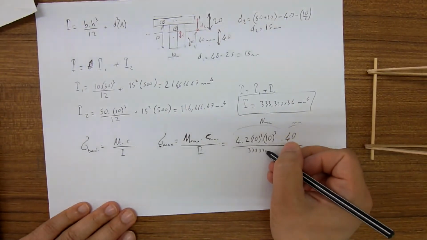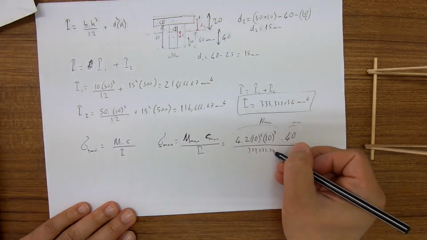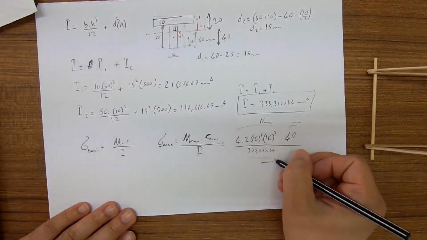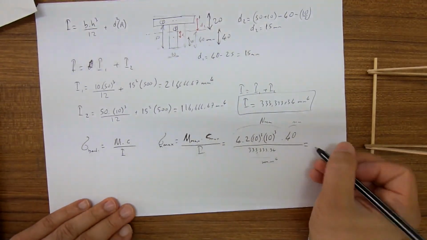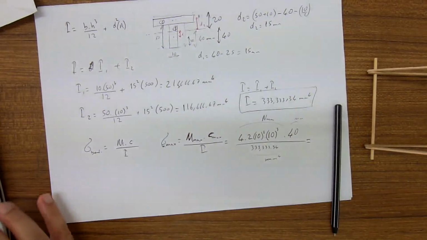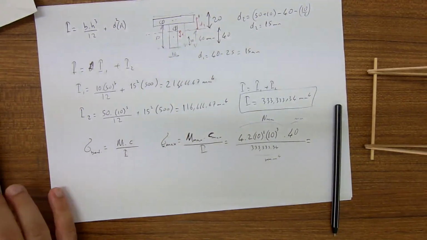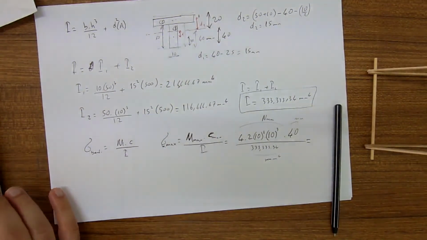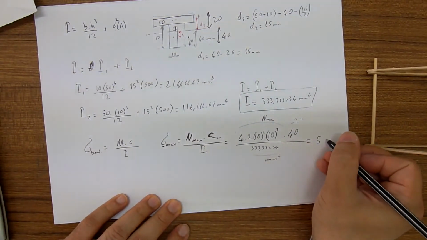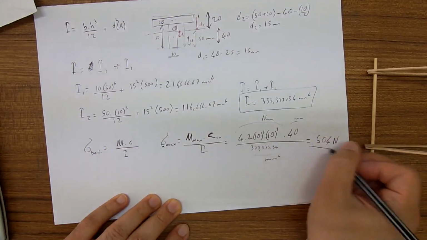Okay, and it is millimeter to the power 4. Now if you calculate that, I get 504 newtons.